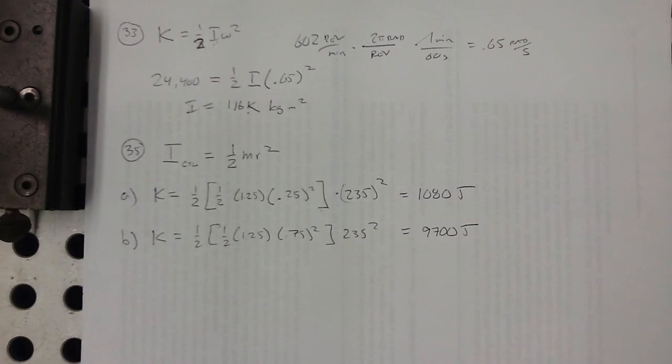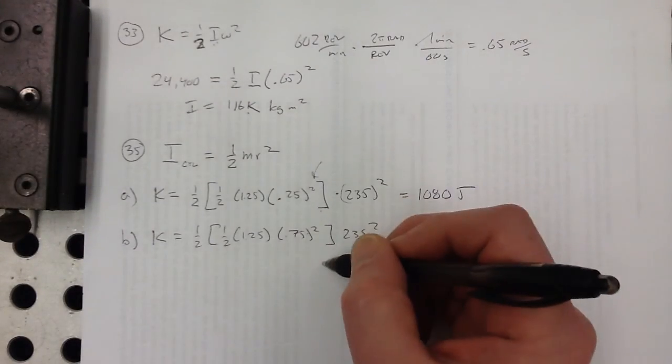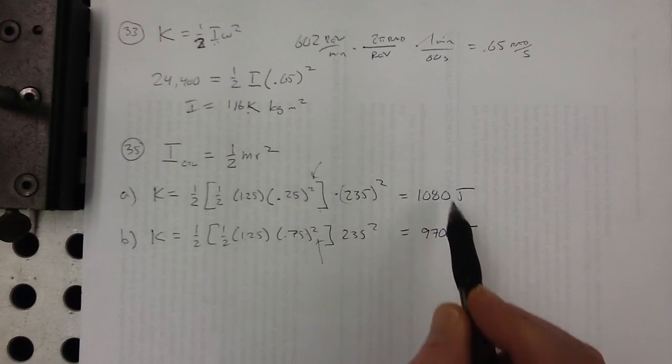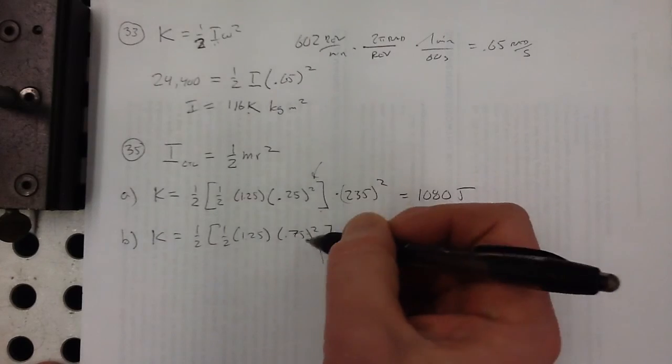And so notice, I think the point they're trying to make in this problem for us to observe is that if you triple the radius, because the radius gets squared in the moment of inertia formula, that's not going to triple this, it's going to increase it by a factor of 9, right? Because it's getting squared here.